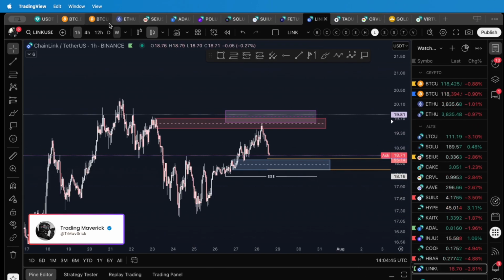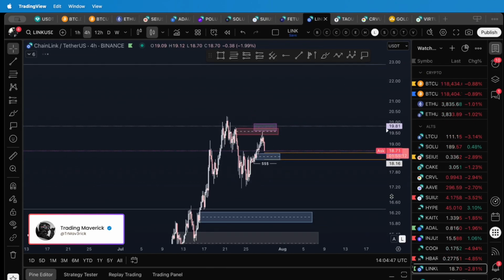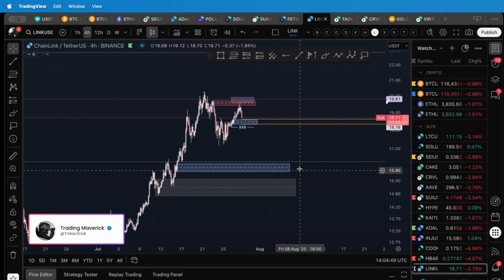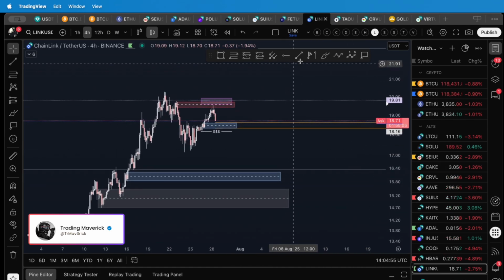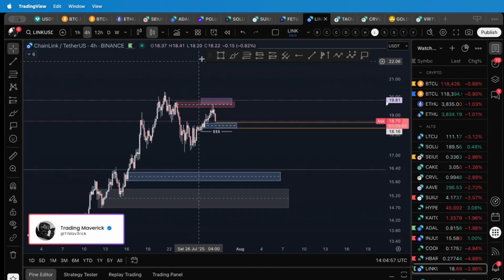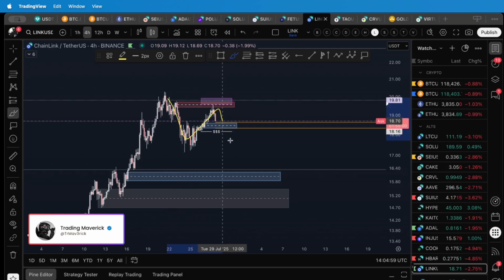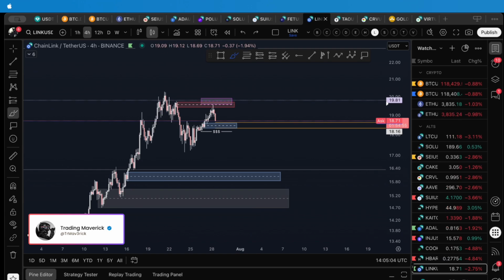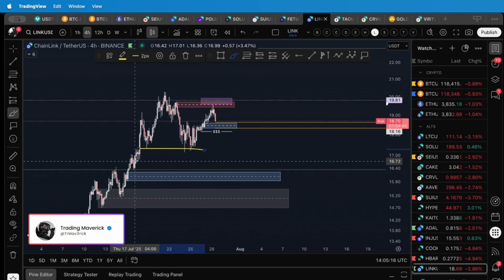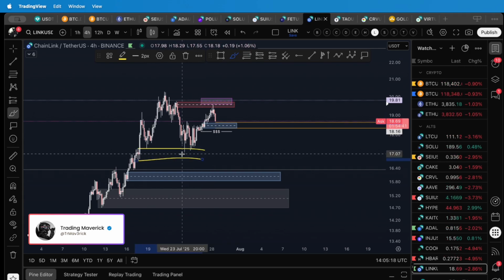And next thing for Link, I have some targets lower here at $16, because again, pretty much similar to Sol, this could be an ABC down, right? So yeah, I'm keeping an eye out for new lows, if we sweep that, because you had a pretty nice entry here at the 4-hour OB.